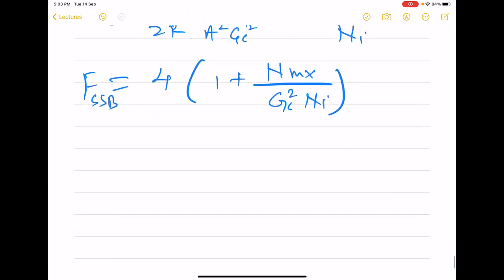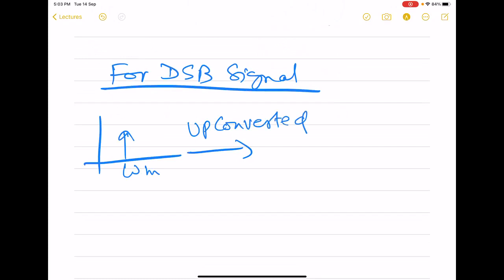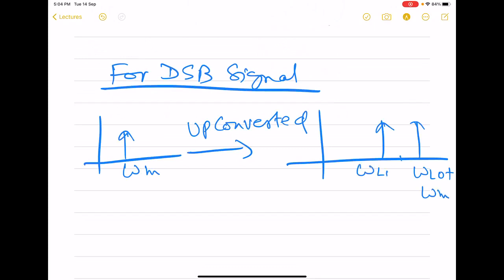Now for the DSB signal, we again have the same message signal at omega m, and this is then up converted, and in this case we will have both the halves, omega LO plus omega m and omega LO minus omega m.